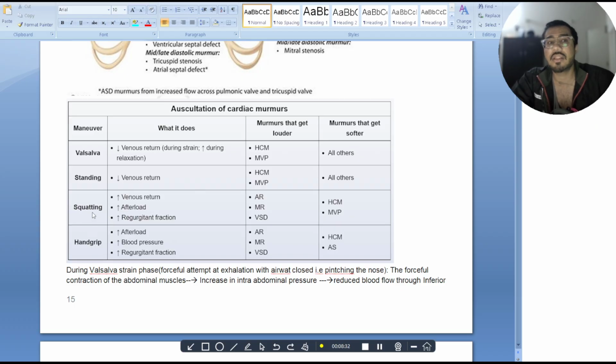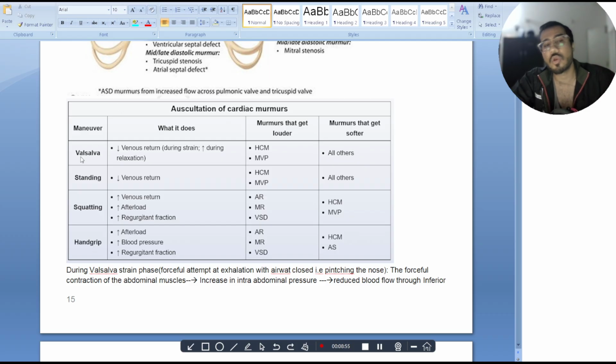The reason is that the legs contain huge, big veins. That is why the contraction of the legs during squatting results in increased venous return, whereas in the hand grip, the veins are not that big and don't contain a lot of blood. So hand grip is not going to increase the preload dramatically, it's just going to increase the afterload.